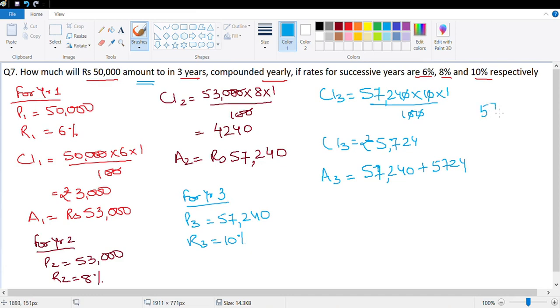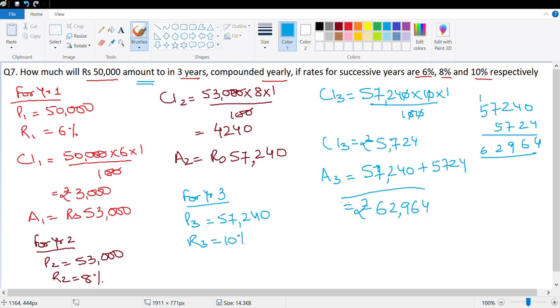That's 62,964. That's the final amount which rupees 50,000 will amount to in 3 years.